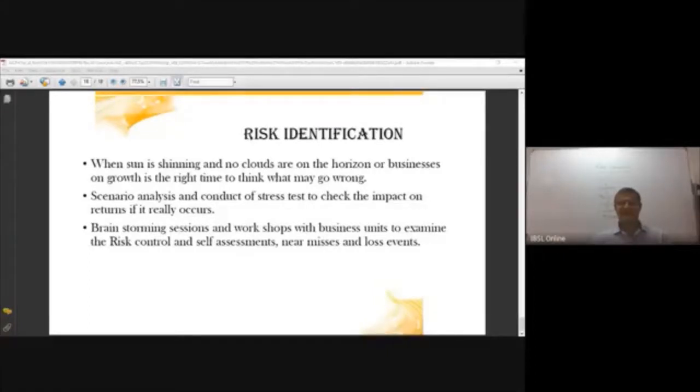Now, in 2007, before that, they had identified the risk of banks, and there were certain international rules.